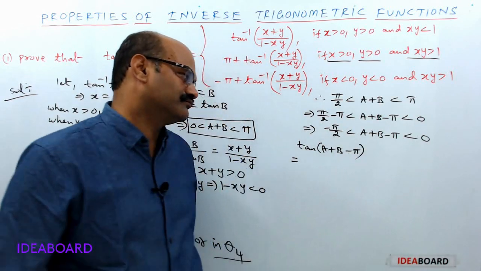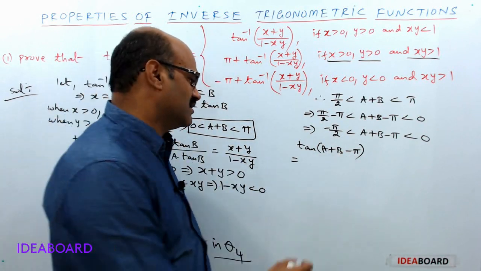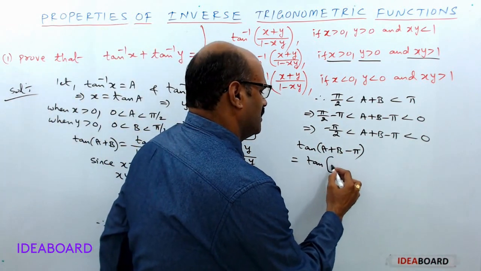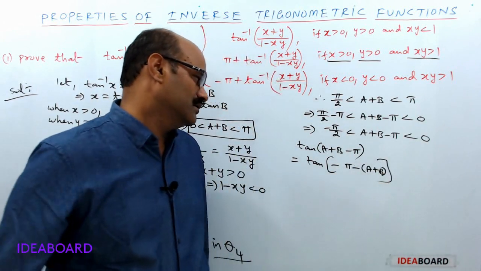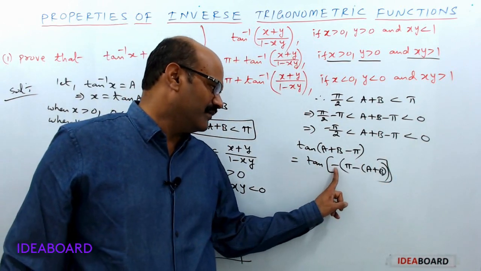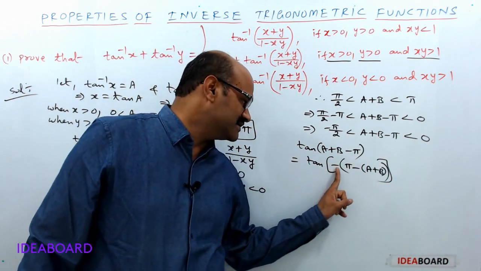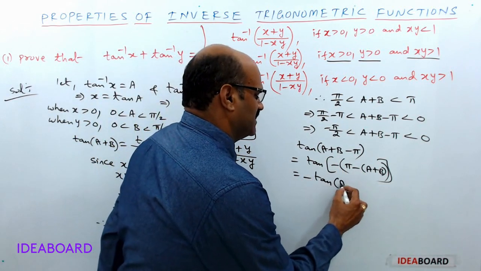Take minus common from this: tan of minus of pi minus of a plus b. We know that tan of minus alpha equal to minus tan alpha.